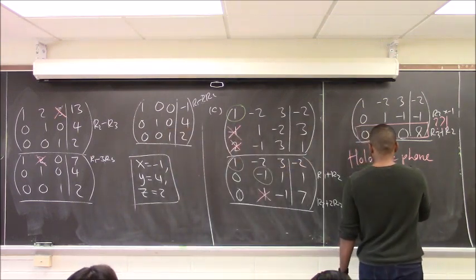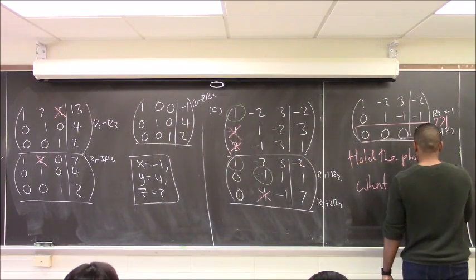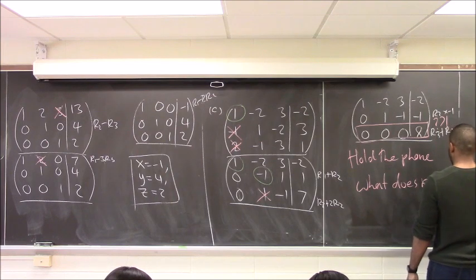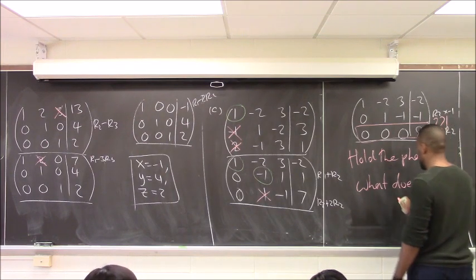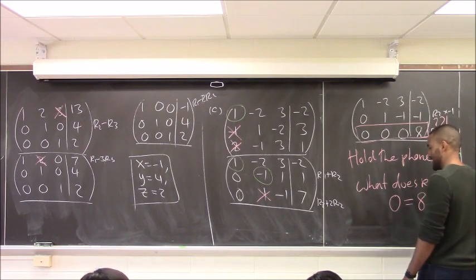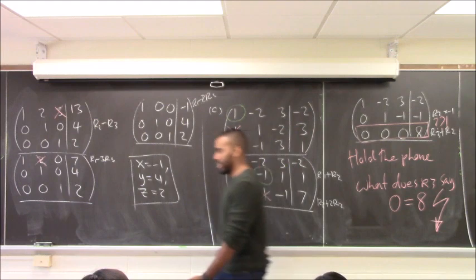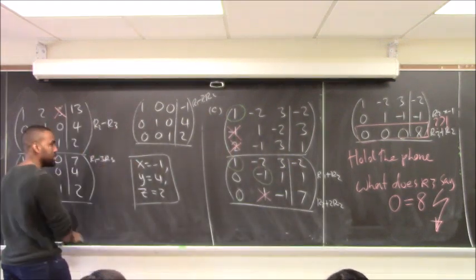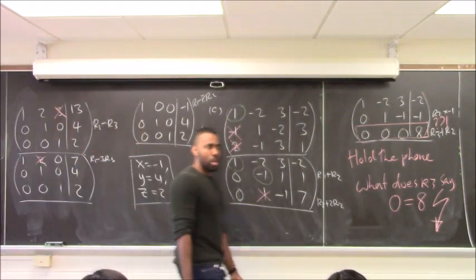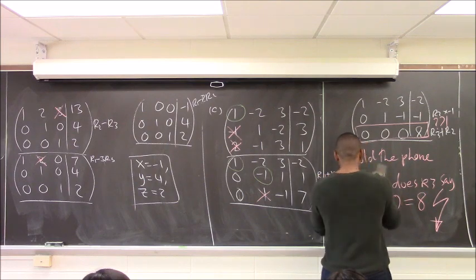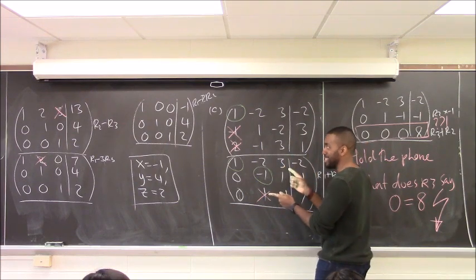What does row 3 say? 0 equals 8. That's not right. That's not math. 0 can't be equal to 8. What does that mean? Did we make a mistake? Probably. If I see that, I probably made a mistake because that doesn't make any sense.